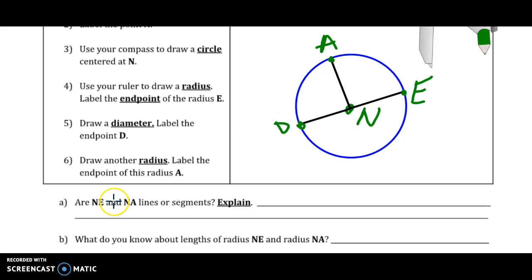So there's our picture. Are NE and NA lines or line segments? They are line segments because they have a length, because they end.